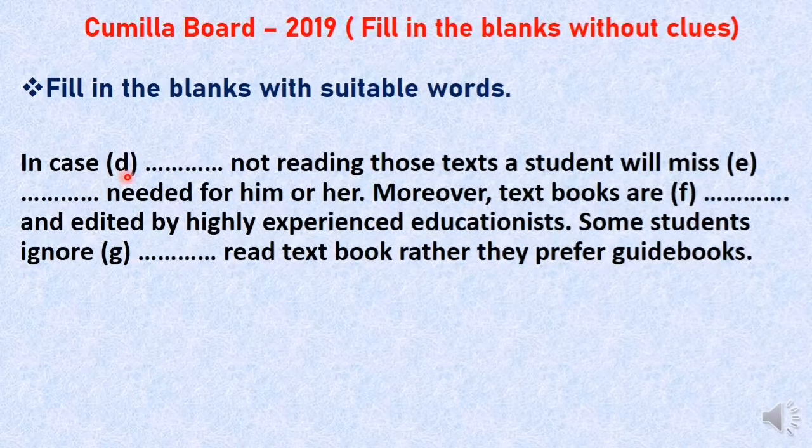In case dash not reading those texts, here we need the appropriate preposition, of. In case of not reading those texts, a student will miss dash needed for him or her. So a student will miss something. What something? Knowledge needed for him or her.